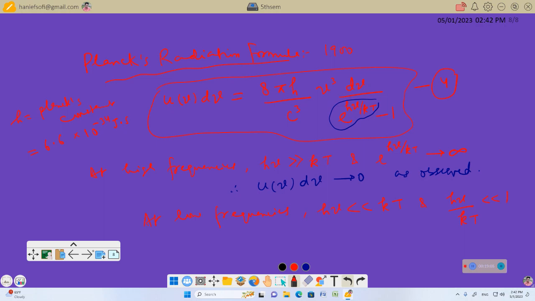See how. Let me use another page. We know e raised to x can be written as 1 plus x plus x squared by 2 factorial plus x cubed by 3 factorial, and so on. 2 factorial means the product of the first two natural numbers, 3 factorial means the product of the first three natural numbers, and so on.